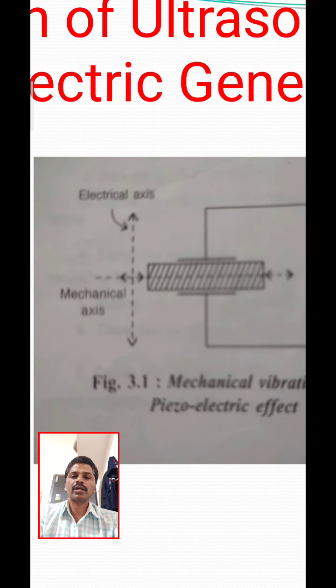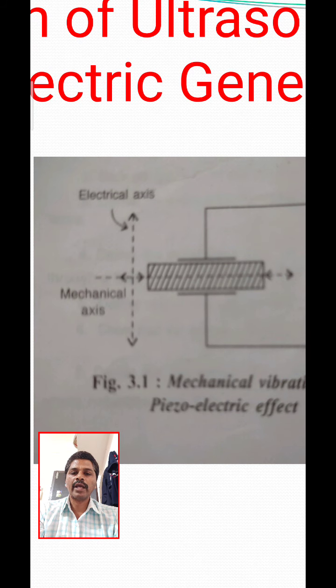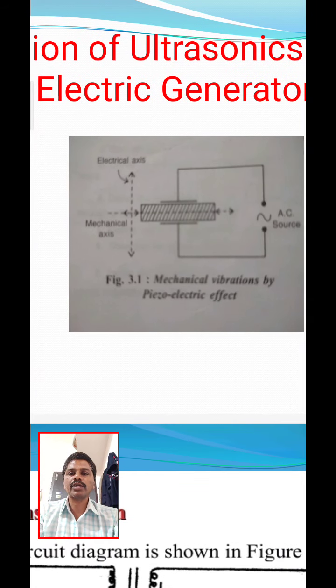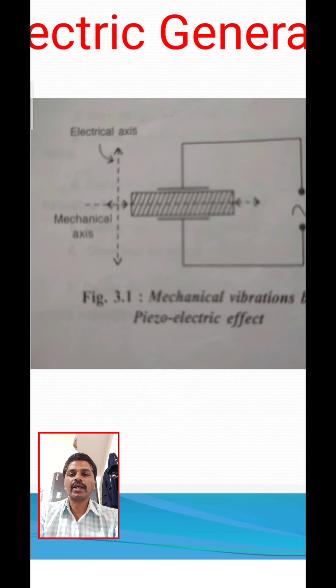If we have a certain crystal like a quartz or tourmaline, and this crystal is cut to a suitable size, consider the two axes of the crystal. One is mechanical axis and another is electrical axis.